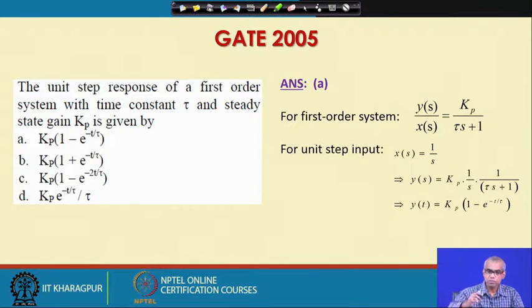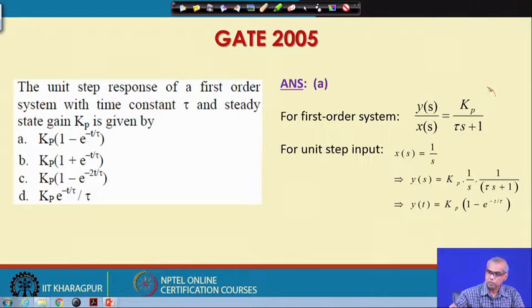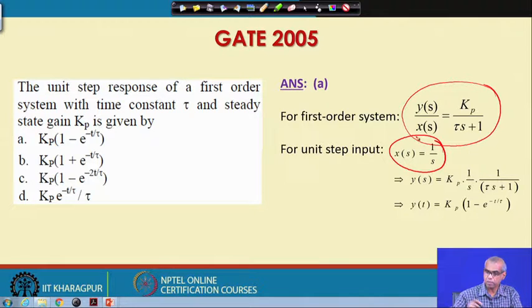For first order systems, you know this is the transfer function y s by x s equal to Kp by tau s plus 1. For a unit step input, x s equal to 1 by s. So, y s is x s into Kp by tau s plus 1.